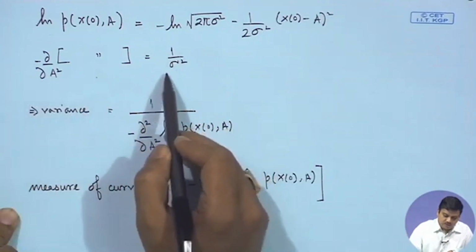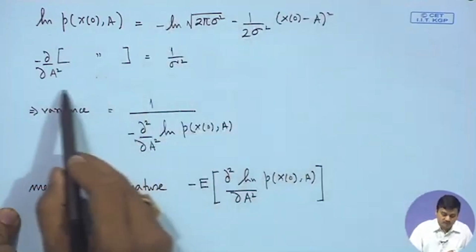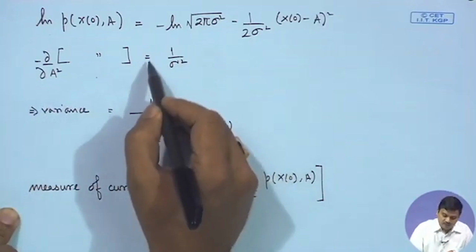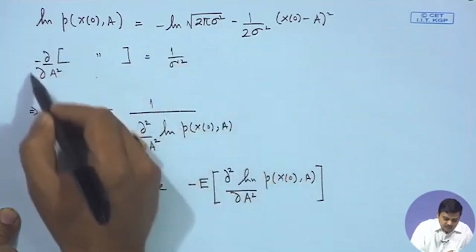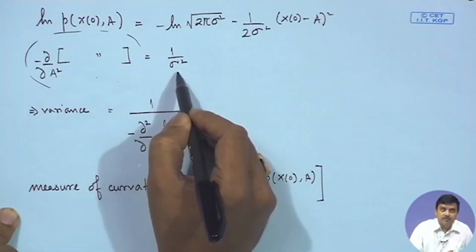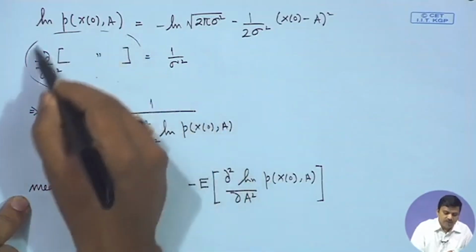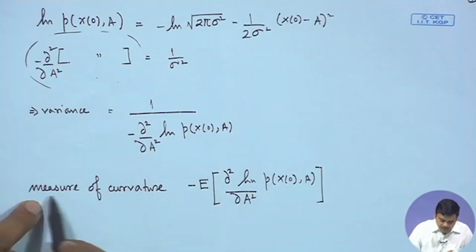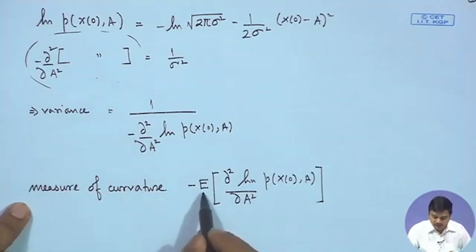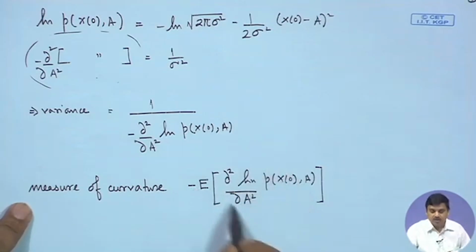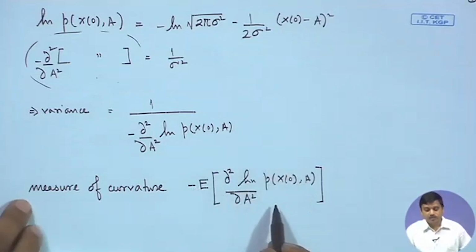So, for the Gaussian PDF, when we take the double derivative over here, we see that this particular expression is inversely related to the variance. That means we can conclude that curvature could be connected to this parameter. So, we define the curvature in general as the negative of the expectation of this particular function. We will see how it plays an important role.